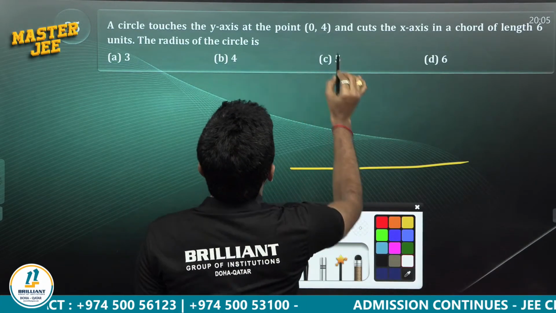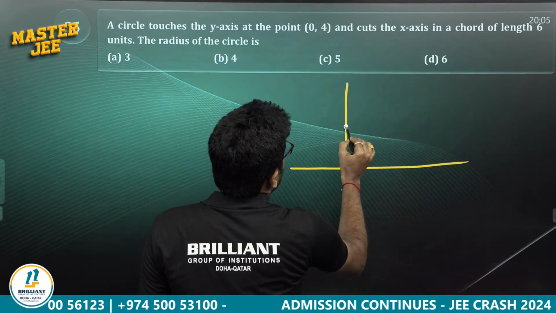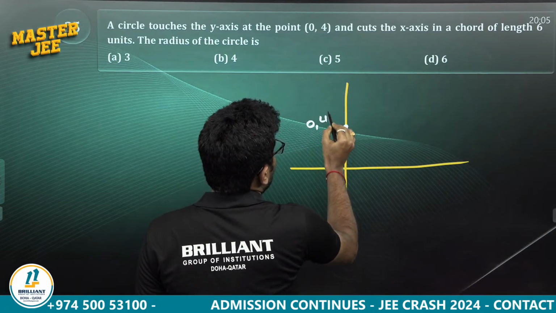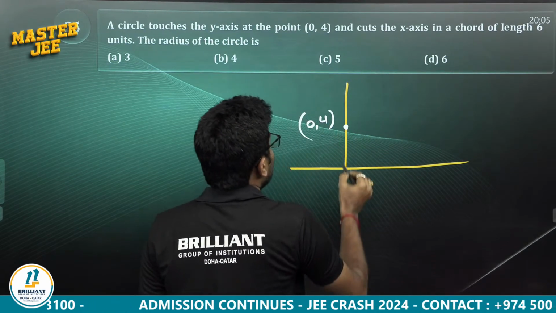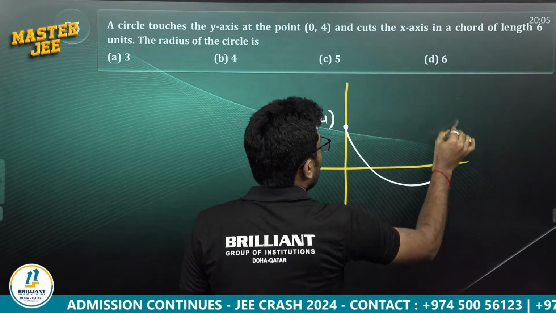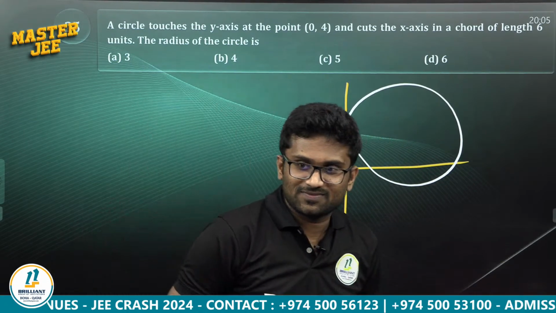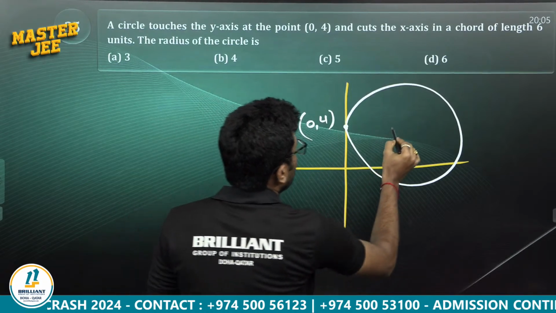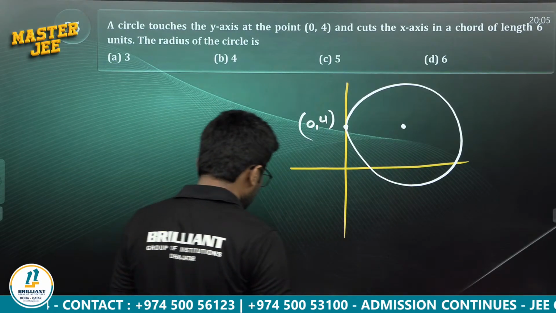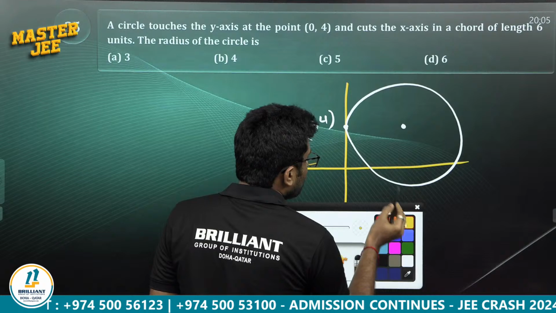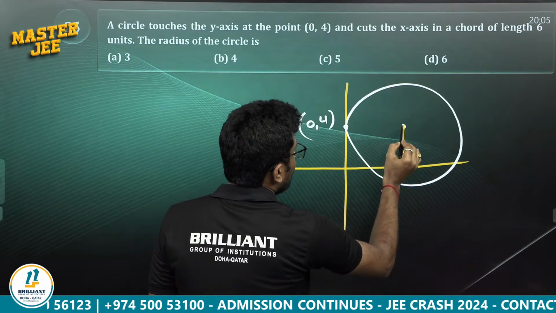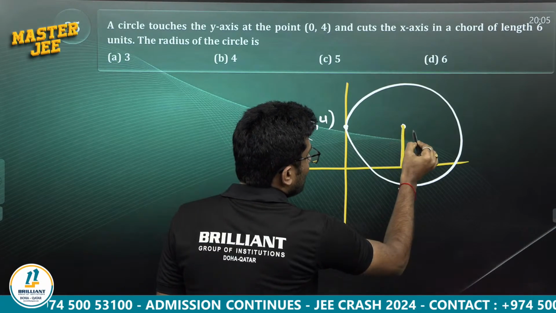A circle touches the y-axis at a point 0, 4. Let this be our point 0, 4. It cuts the x-axis, something like this. Now let this be the center of the circle. Friends, by using common sense again, what will be the distance?